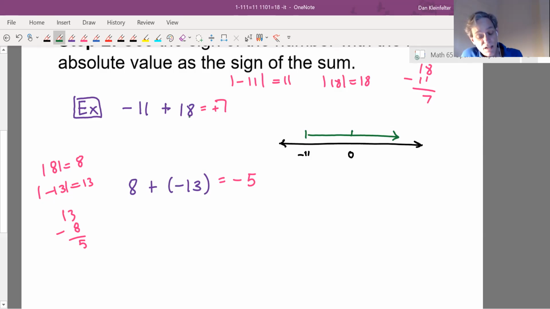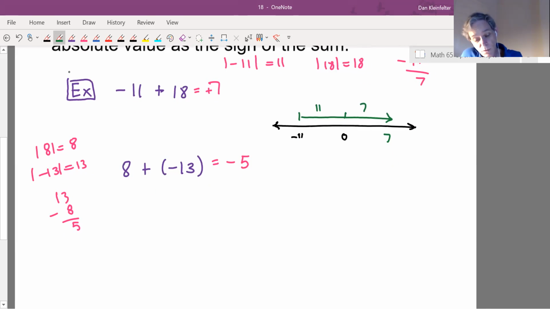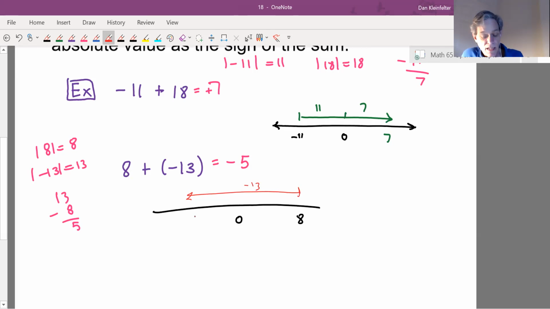And then the additional 7 would put you at positive 7. So the final answer there is 7. For the 8 and -13, let's say that you are at positive 8. If you were to add on negative 13, that means we're moving in the negative direction by 13 units. And so 8 of them will take you to 0, and then the remaining 5 will put you at negative 5.